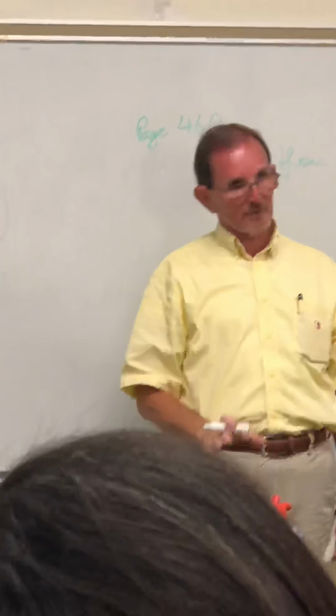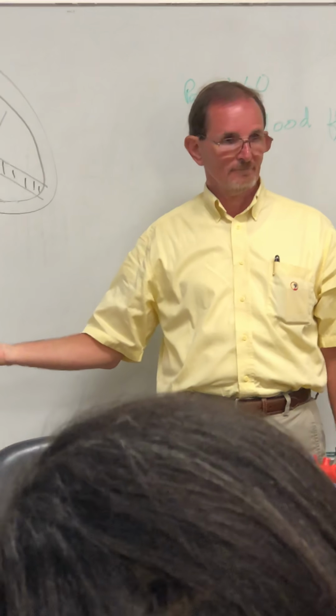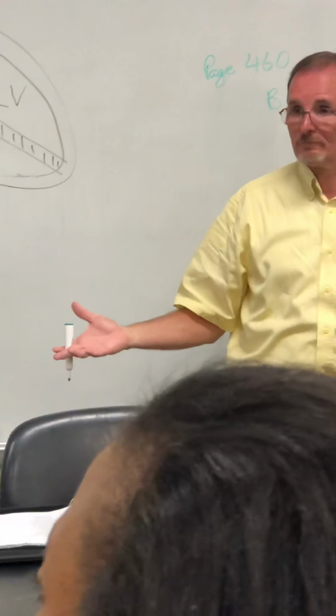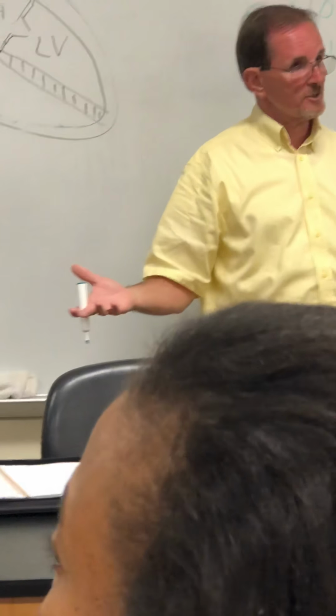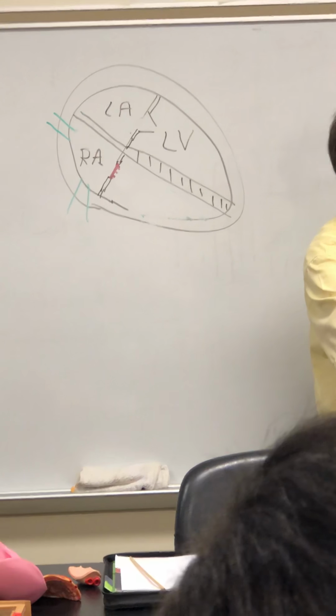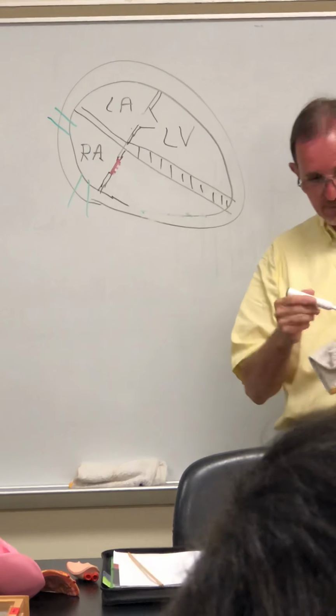Okay, so we got the blood in the ventricles, but it can't stay there. It's got to get out of the heart and go someplace. So that means it must have a door, right? Does that make sense to you guys? Sure. Okay, the door that goes to the pulmonary trunk that we just talked about is a pulmonary valve. It's not a real big deal.